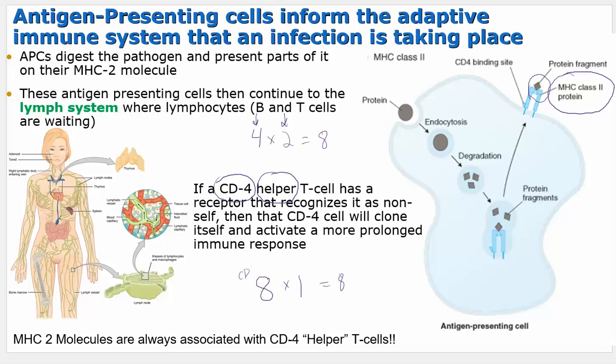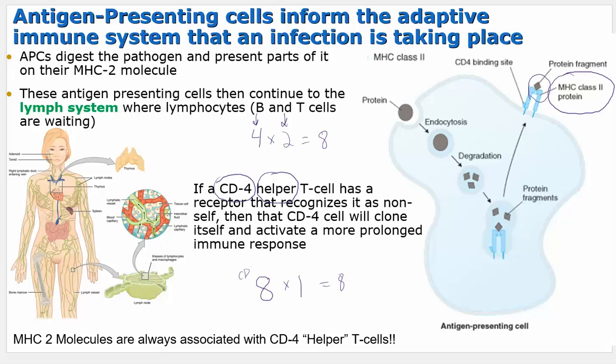I call it the rule of 8. If you can't remember whether your CD4s are associated with MHC2 or 1, just remember that 2 times 4 equals 8, and 8 is going to be associated with MHC1, so 8 times 1 equals 8. It can help.